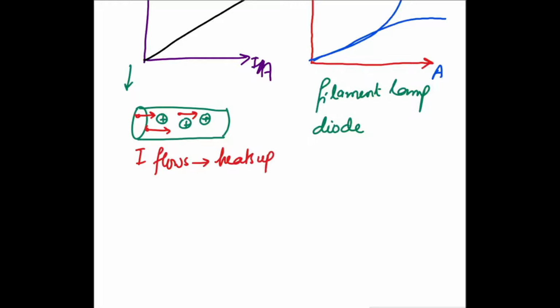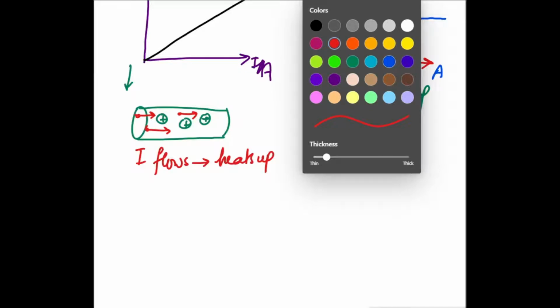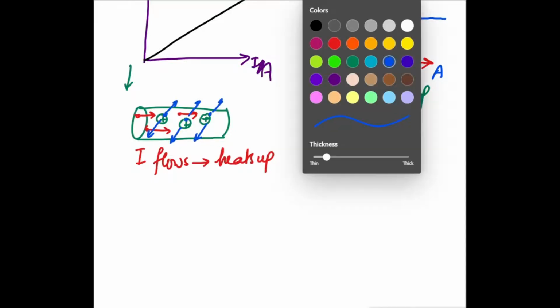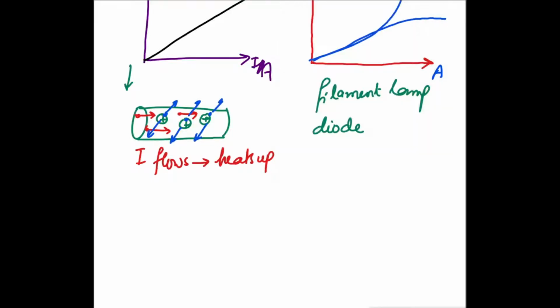Now, it's like a chain reaction. When the conductor heats up thermally, the particles, these fixed positive charges, since it is made out of solid, their oscillation becomes stronger. They become more violent in their own oscillation. Now, when that happens, the chances of collision of an incoming electron with the fixed positive charge also increases.